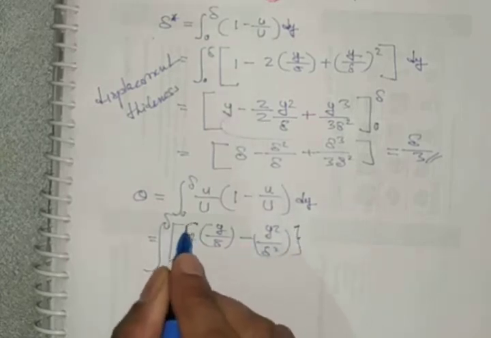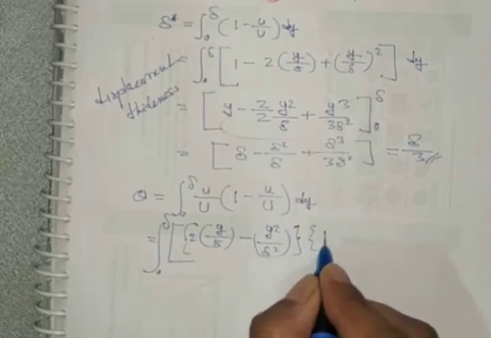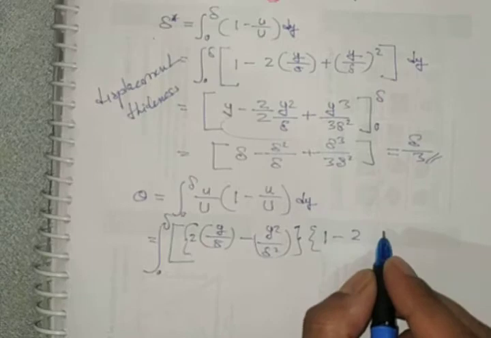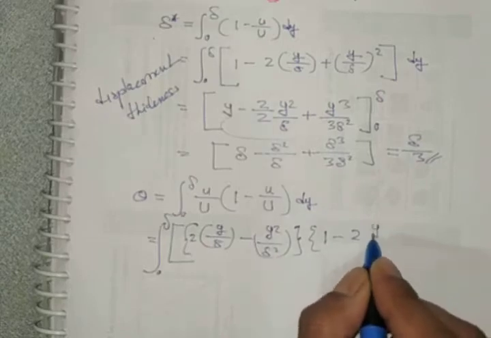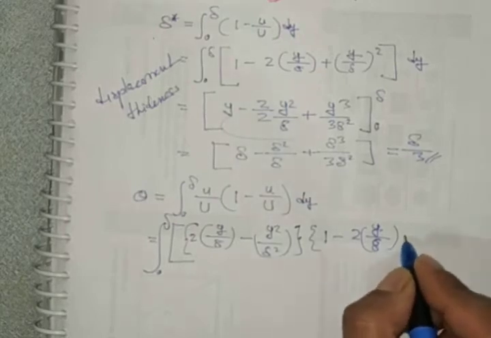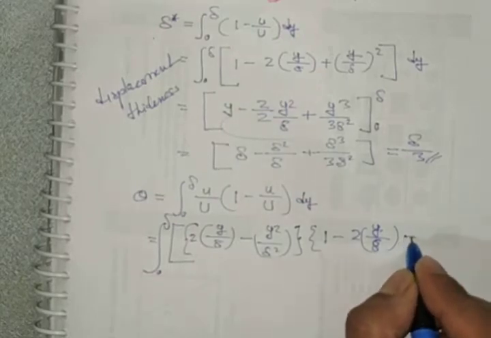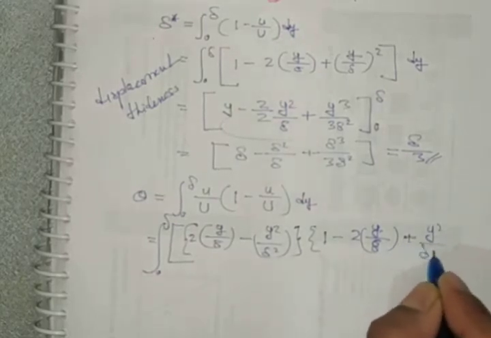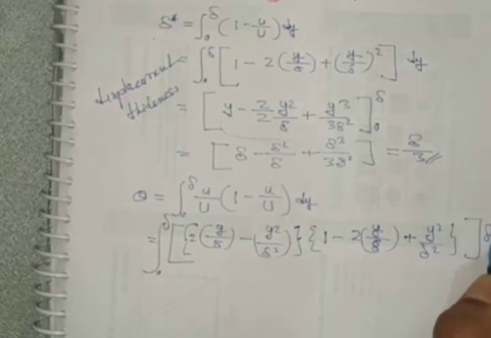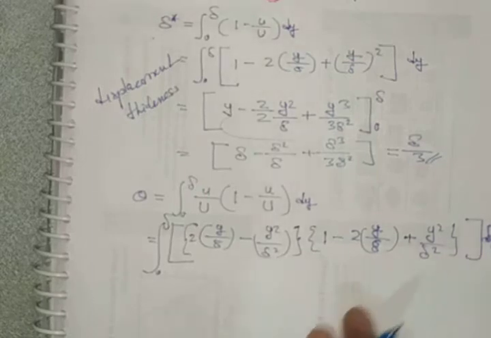So this one again, 1 minus 2 y by delta, this is minus, so it will be plus y square by delta square, bracket close, ultimately dy.